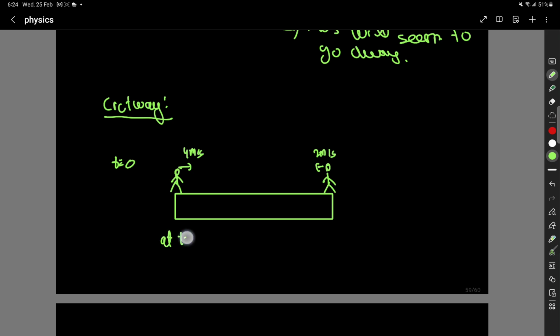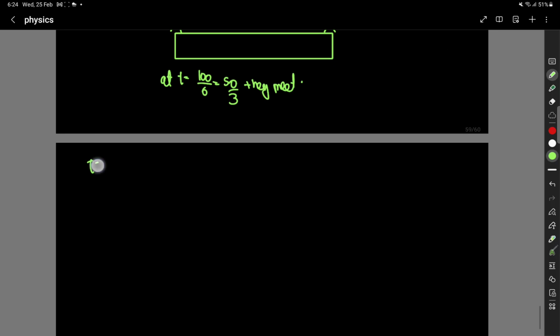At t equal to 100 by 6, which is 50 by 3, they meet. So t equal to 50 by 3.